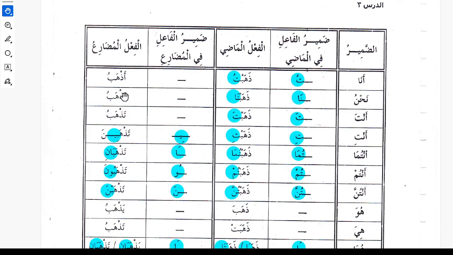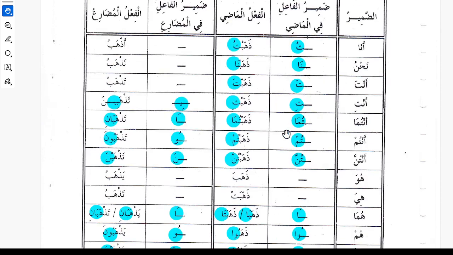So just remember that in the case of past tense, only two forms, huwa and hiya, don't show their pronouns, so you won't see the damirul fa'il. In that case you will say that the fa'il is hidden, the damir mustatir.